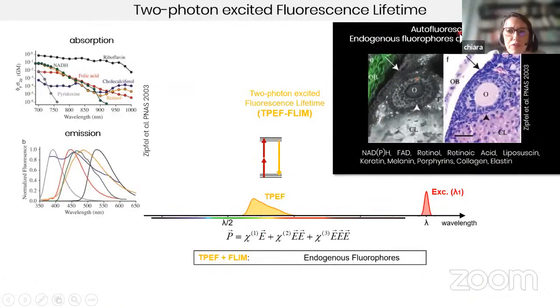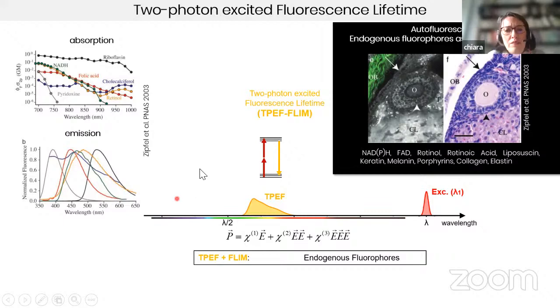As you probably already know, we have a lot of endogenous biomarkers that are very important for physiological processes. Among them, we have NADH, FAD, retinol, retinoic acid, lipofuscin, keratin, melanin, and porphyrins as examples. This list is not exhaustive, of course. As you know, they have very broad absorption and emission spectra.